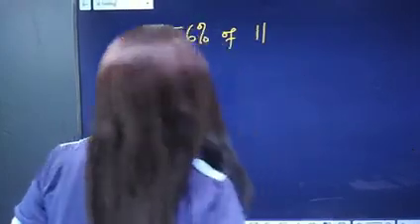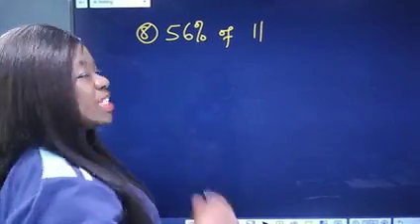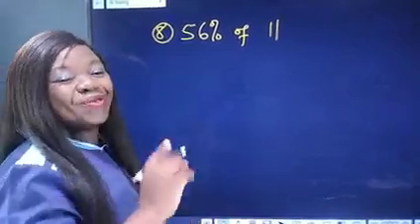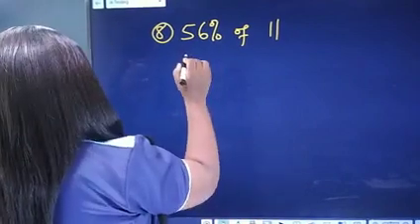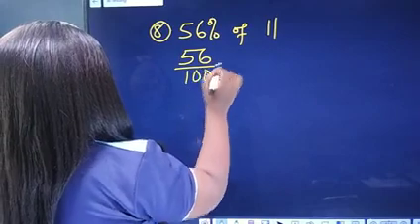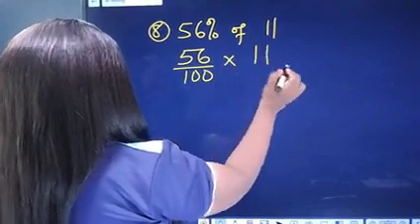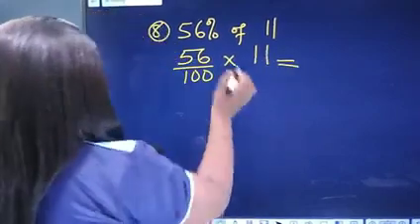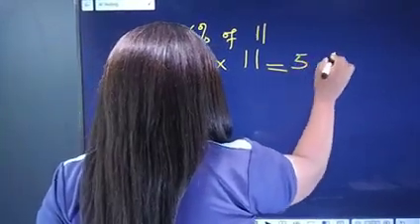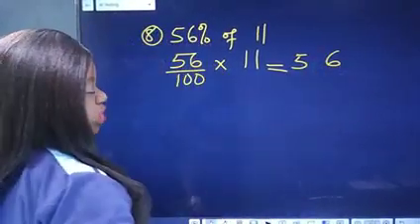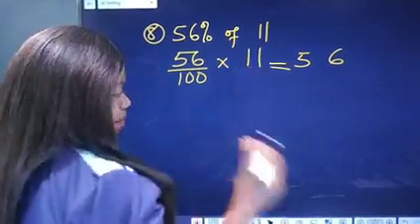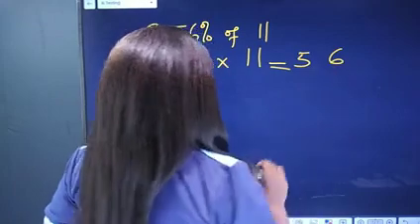Now let's see the next example. 56% of 11 is also the same thing as 11% of 56. So now we have 56 divided by 100 times 11. Let's get the product. Write down the first and the last digits, adding them up together. Now this method is only applicable to multiplying by 11. 5 plus 6 is 11.